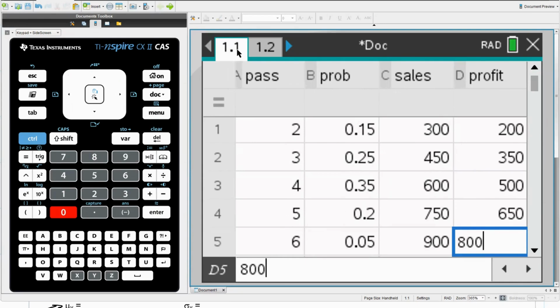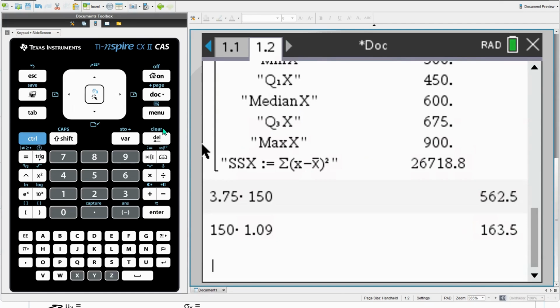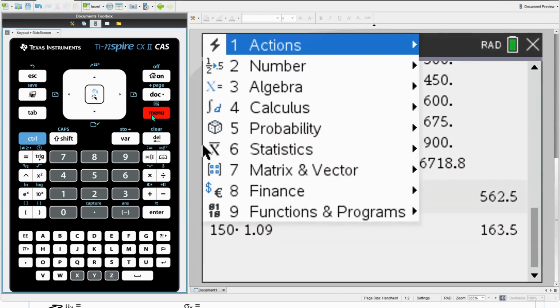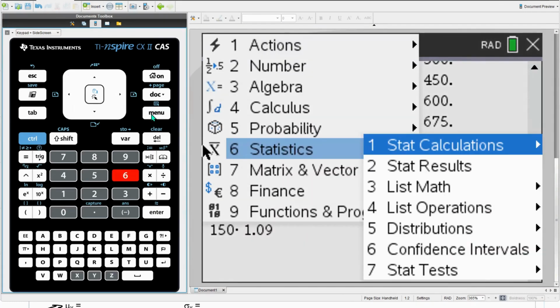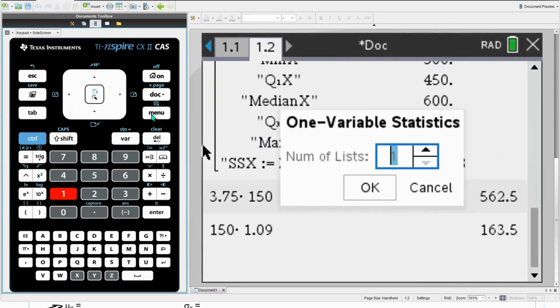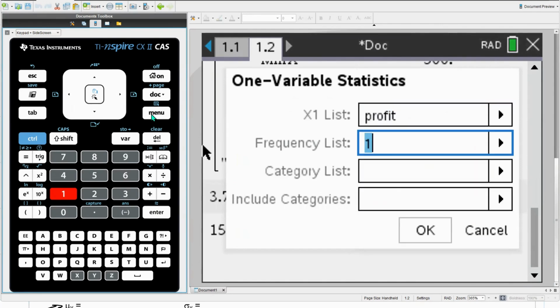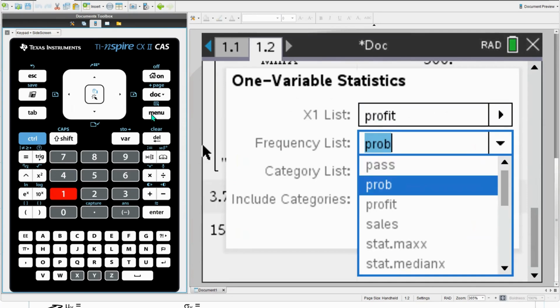All right. And what do we get when we do the analysis this time? Again, menu, 6 for statistics, 1 for stat calc, and 1 for one variable statistics. Only one data list, and this time that is profit. Frequency list is the probabilities that we talked about.